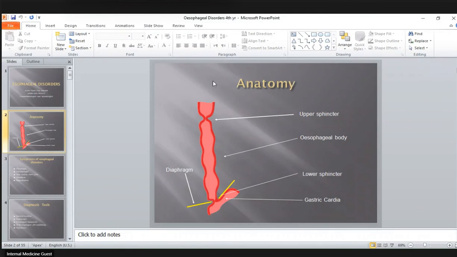So most of the disorders of the esophagus are related to smooth muscles, mainly the lower part of the esophagus.